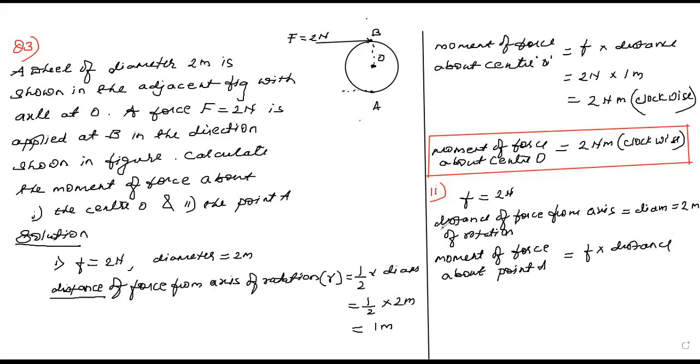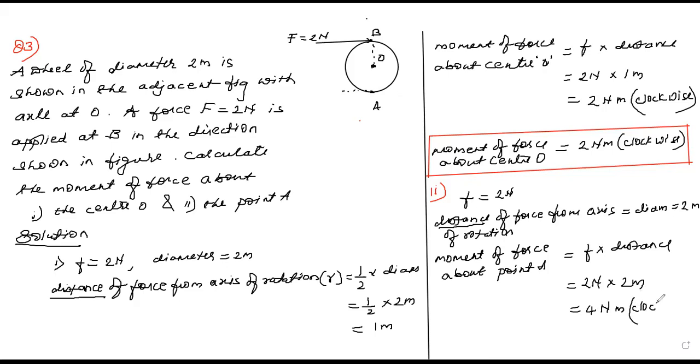You can see here, this distance I've written here, underline it. The distance is 2 meter. So this is 2 Newton into 2 meters. So what do I get? 2 into 2, 4. 4 Newton meter. And again, you can see here, children, it has turned clockwise.